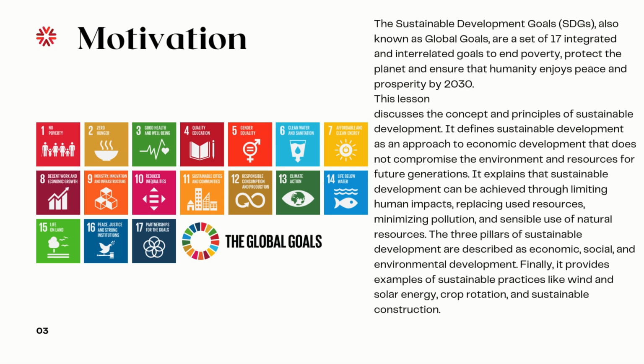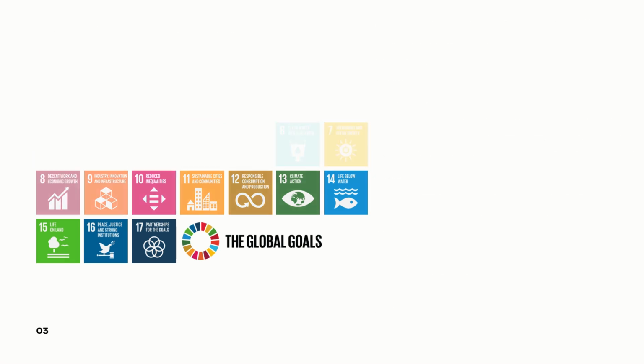The three pillars of sustainable development are described as economic, social, and environmental development. Finally, it provides examples of sustainable practices like wind and solar energy, crop rotation, and sustainable construction.